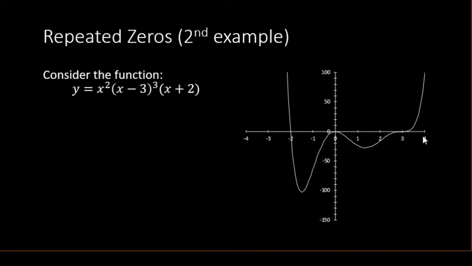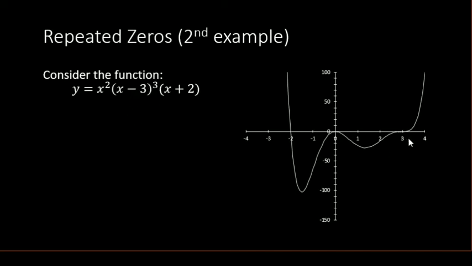And over here, where it crosses at x equals 3, it doesn't look the same as the one at negative 2. It wiggles here in the middle, and it looks vaguely cubic, which should come as no surprise because it's a repeated zero of multiplicity 3.